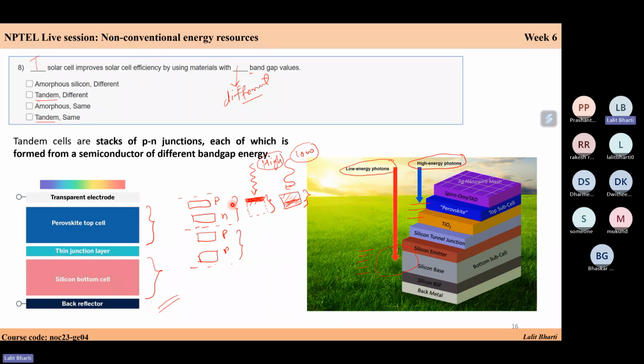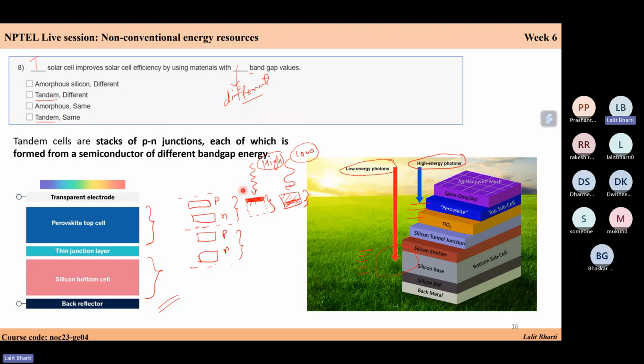So in this condition one, the higher energy will be utilized, but the lower energy wavelengths will not be utilized because they will penetrate through. And in the second type, only this region is utilized, but your higher energy wavelengths are not utilized.